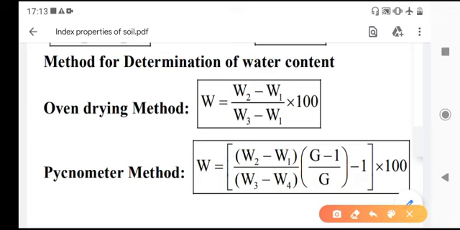Here W1 denotes weight of empty container, W2 denotes weight of container plus wet soil, and W3 denotes weight of container plus dry soil. This test follows IS code 2720 part 2, 1973.